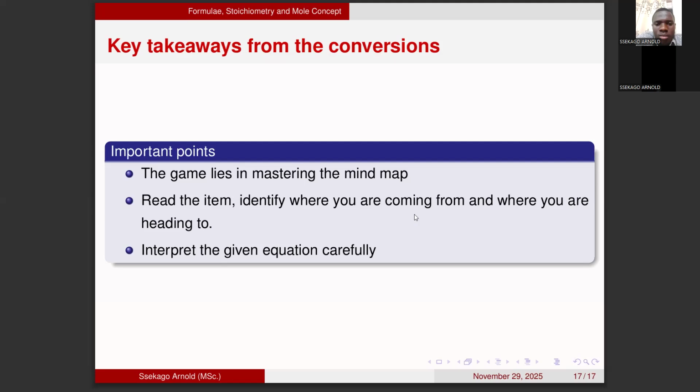Having laid down the preamble to mole concept, now I'm going to go through the different sample examination items. As of now, allow me to stop here. In the next session, we shall be looking at sample examination items on mole concept.